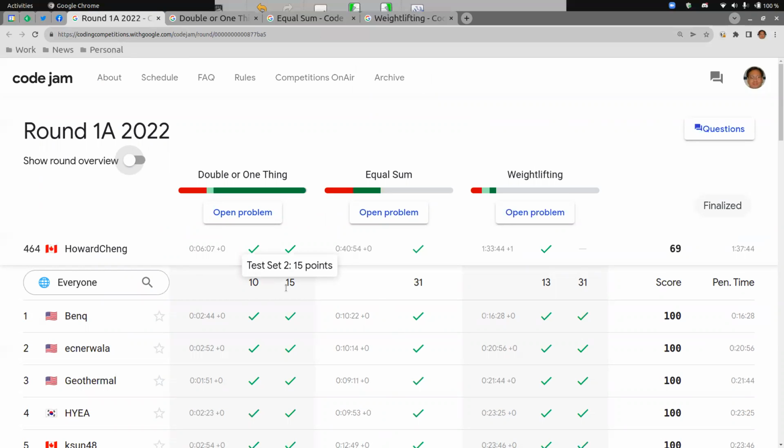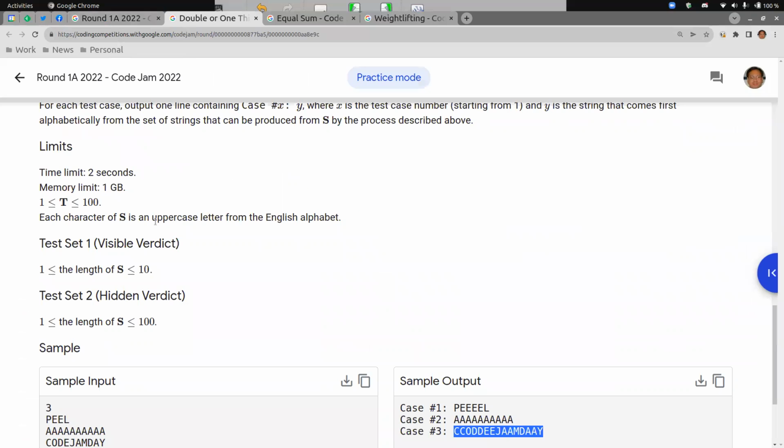During the contest, you see whether you got test set 1 right away, but you don't know until after the contest whether you solved test set 2. So that's what they mean by visible versus hidden verdict. Okay, so test set 1 has strings up to length 10, and test set 2 has strings up to length 100.